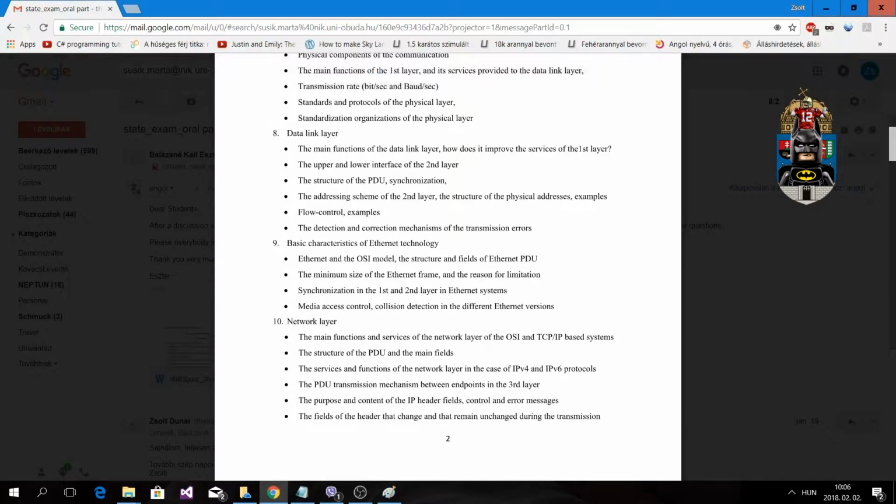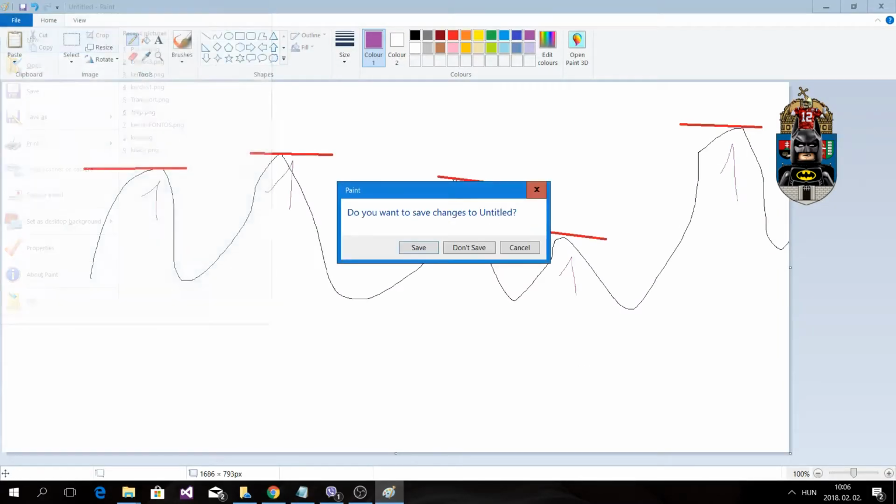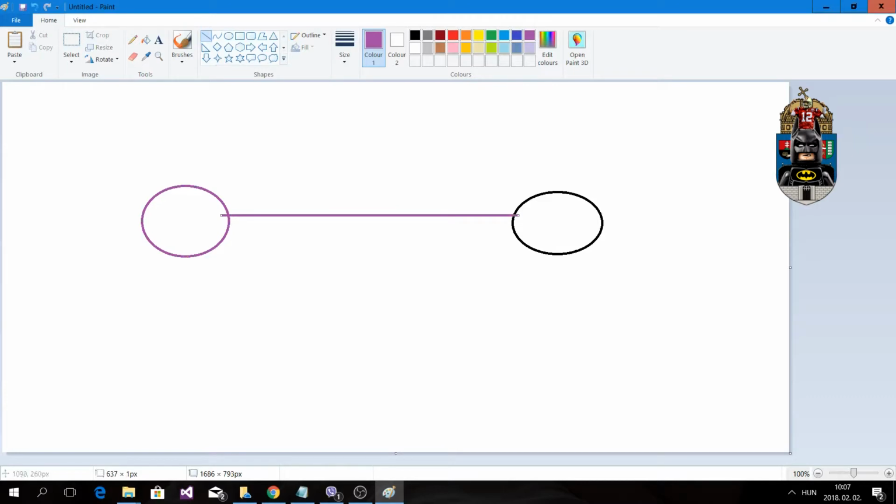Flow control examples. Flow control means that there is a receiver, and I'm going to visualize it. Let's say this is the receiver and the purple is the transmitter, which sends data to the receiver. Flow control means how much data the receiver can receive at a time.